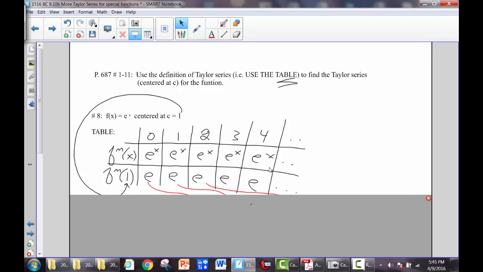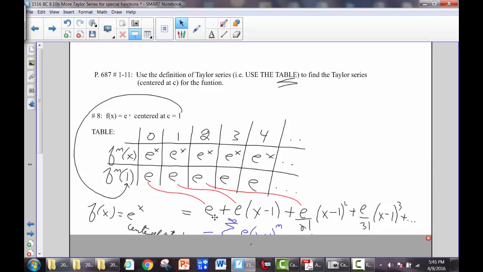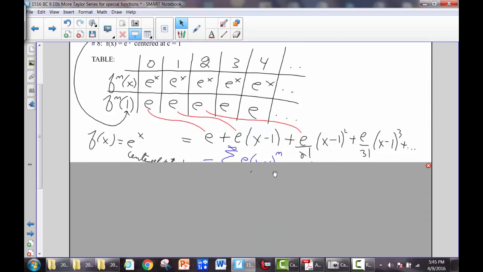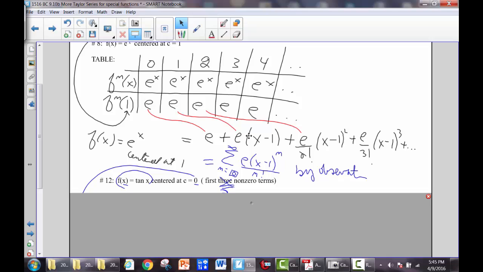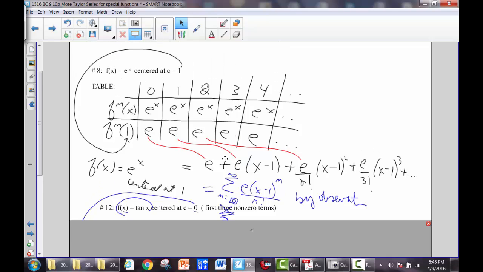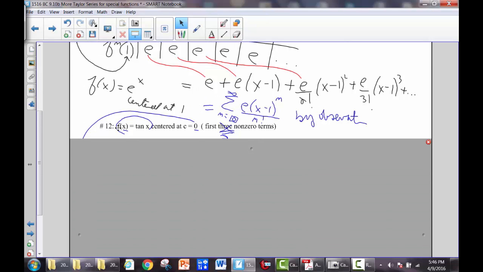Here are your various derivatives, but now we're replacing the x's by 1, and therefore we get this expression right here. And this is the interesting part: you're going to look at this and get the summation notation by observation. You're going to notice that you have (x minus 1) to the 0, to the 1, to the 2 over 0 factorial, 1 factorial, 2 factorial, and there's an e in front of each one.